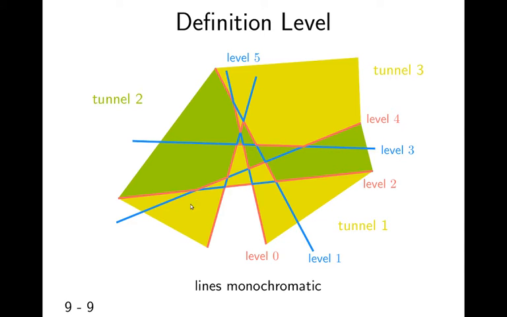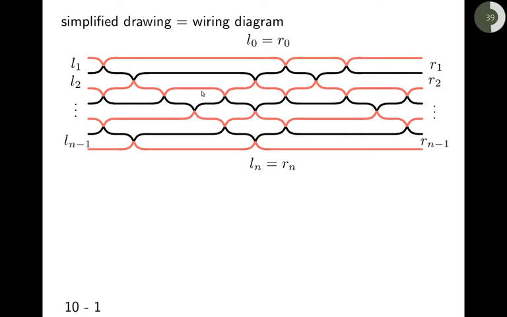And as I already mentioned, we route our paths in these tunnels. Okay, so to make life easier for us, we use a simplified drawing called a wiring diagram. As we care only about the graph and not about the actual drawing, this kind of drawing will be more convenient than drawing it as straight lines.